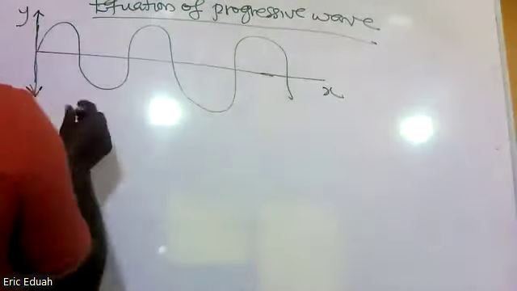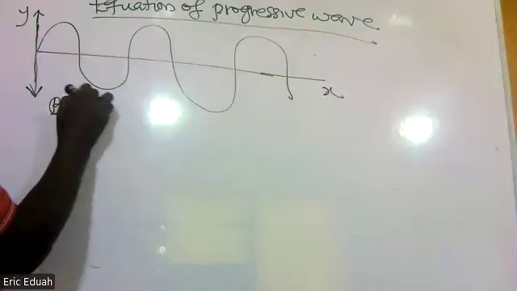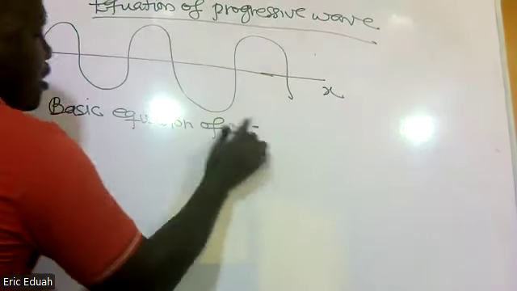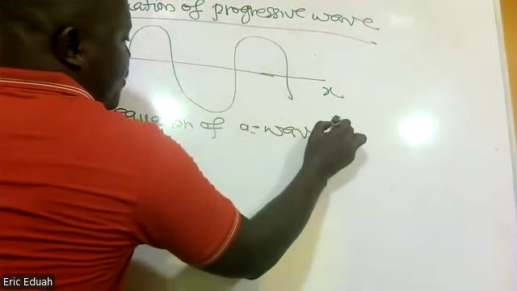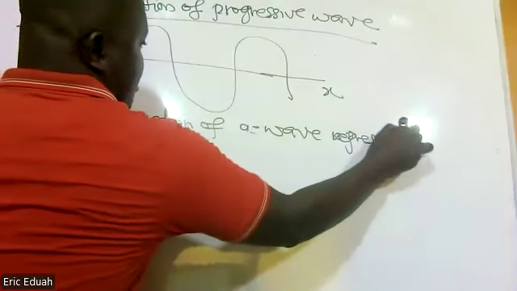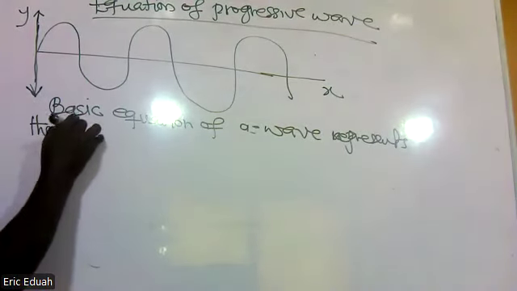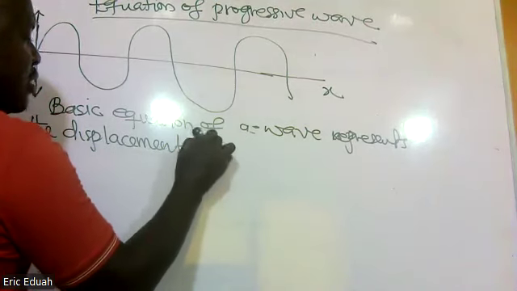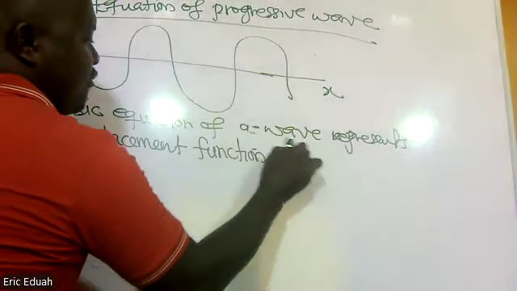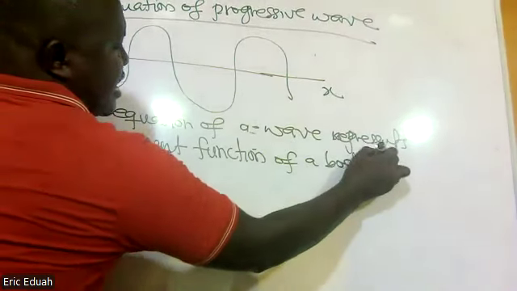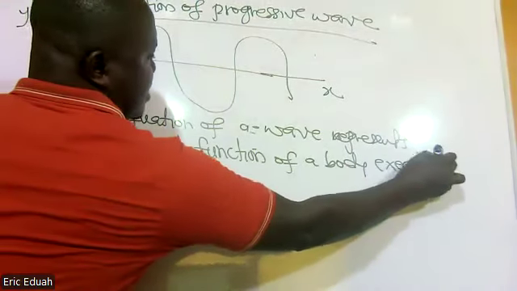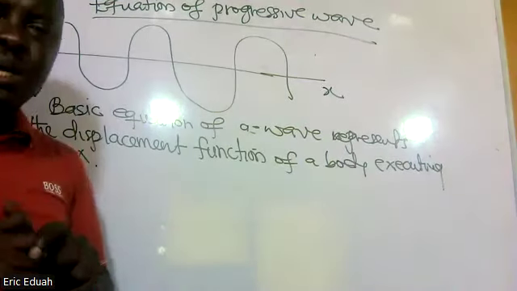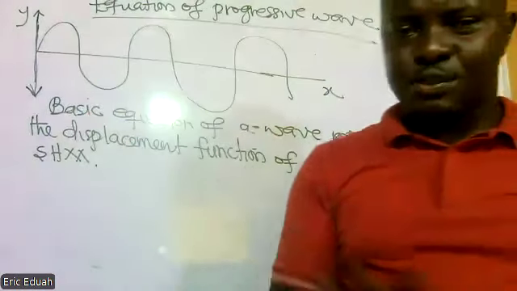So the basic equation of a wave represents the displacement function or equation of a body executing simple harmonic motion.